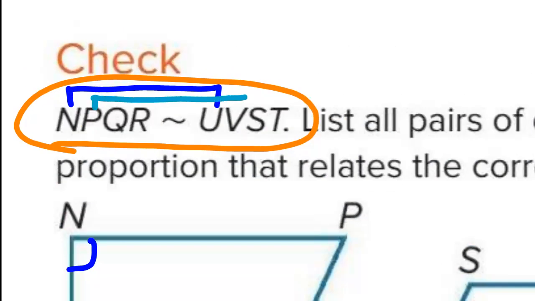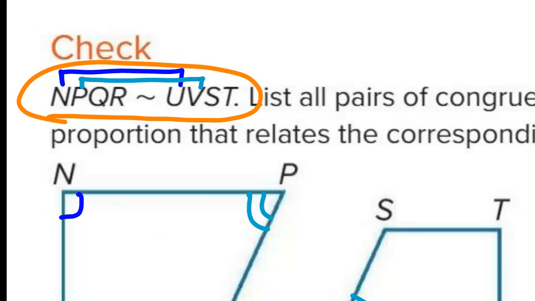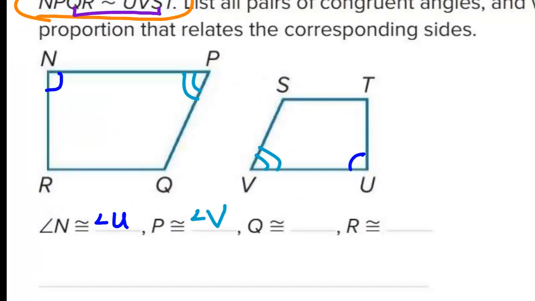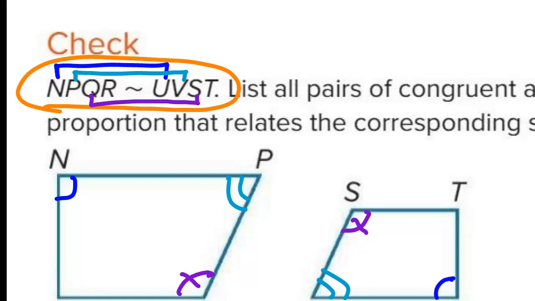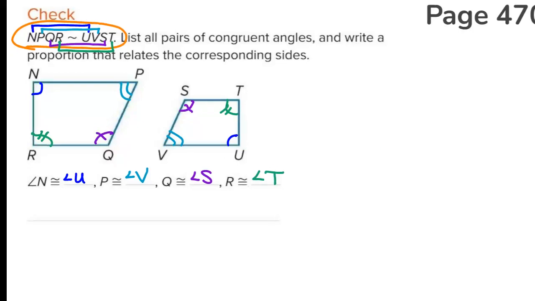Yep, P and V. Angle Q. Q is congruent to S. And finally, angle R. Angle R is congruent to angle T, yes. So there's my corresponding congruent angles.